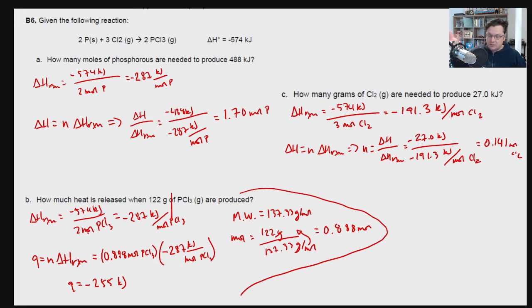We're trying to figure out what it is in grams, so we want to figure out the molecular weight. The molecular weight of chlorine gas is, I think, like 70, because I think 35.45 is the molecular weight of a chlorine atom. Let's see, how close am I?